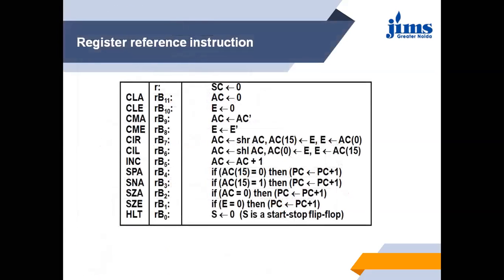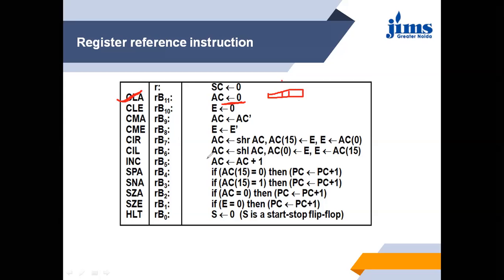When we start the process, suppose it represents R, then accumulator, when we are saving 0 to accumulator, means we are clearing the accumulator. Means the values that are in the accumulator, we are setting all the bits to 0. This is clear.